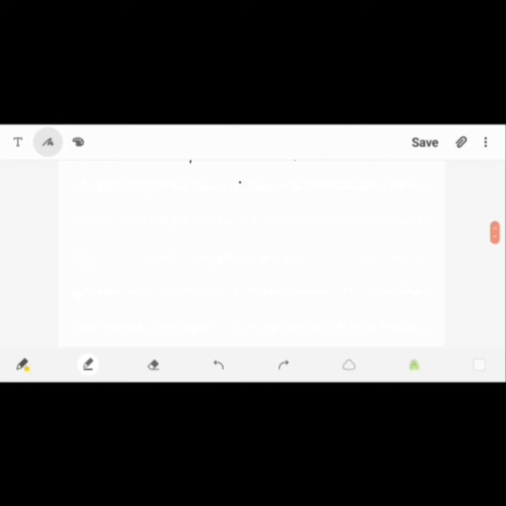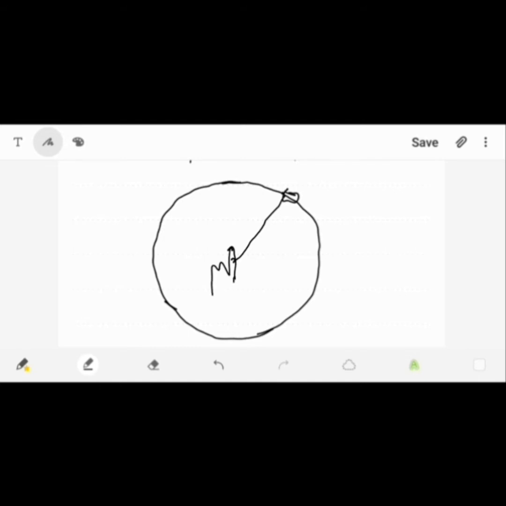Let's draw the diagram once again in order to explain the centripetal force. The same activity you have to perform over here. You have to tie one end of the string to a small stone and hold the other end of the string in your hand. When you rotate it in the circular path, the motion of the body is said to be circular motion. If you move it with uniform speed, then it will possess uniform circular motion.